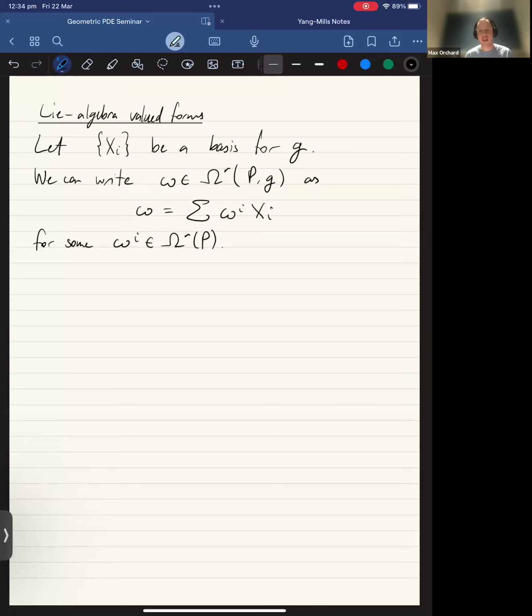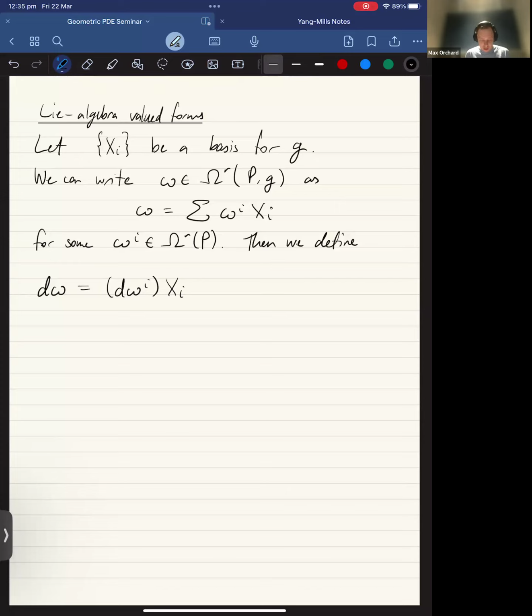So now that we have these nice real valued forms, we can define the exterior derivative of a Lie algebra valued form to be equal to, you can just ignore the Lie algebra part, the xi's, and just take the derivative of the real valued forms, which we all know how to do.